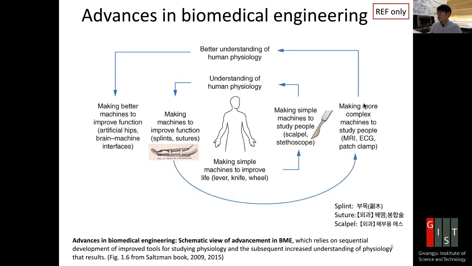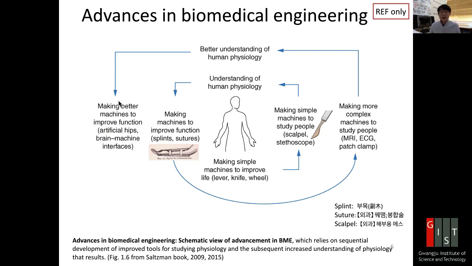And thus, we make more complex machines to study people. This includes magnetic resonance imaging, electrocardiogram, or even patch clamp, with which we can find fine electrical signals at the cellular level. And this allows us to understand our human physiology better, and so build better machines to improve our function.